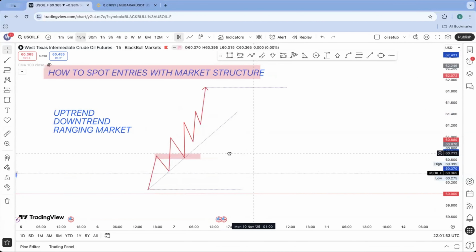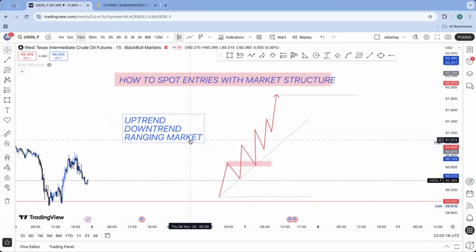And if we are in a downtrend as well, you can also look for your break and retest, chart patterns, your trend lines, Fibonacci, and a whole lot. So I want to make this video very short. I don't want to make it very long. I hope you guys understand market structure and then how to spot entries.